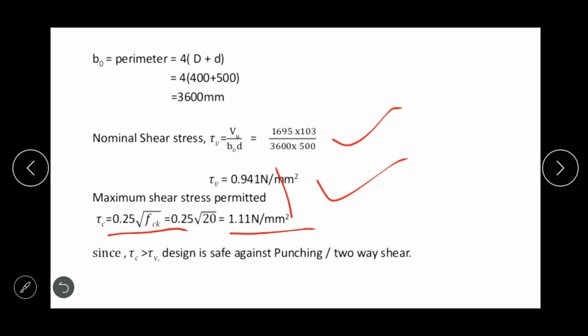That means the actual stress coming on the footing is 0.941 Newton per mm square, but the concrete resisting power is 1.11 Newton per mm square. That means concrete can resist this stress. So hence the design is safe from two-way shear. Here also you can calculate the perimeter, but it is not required here.